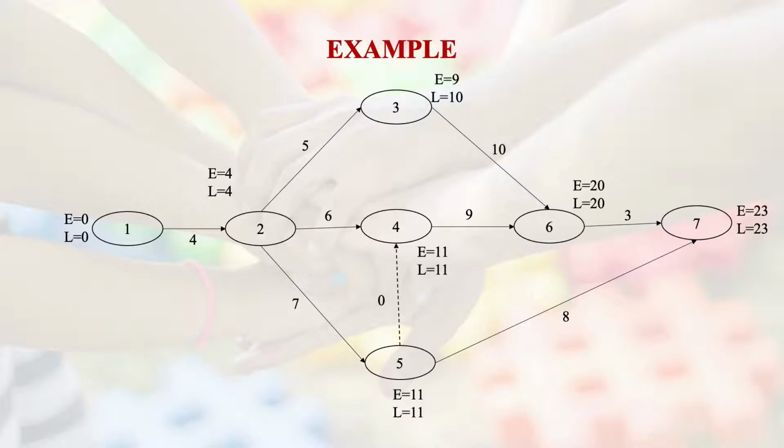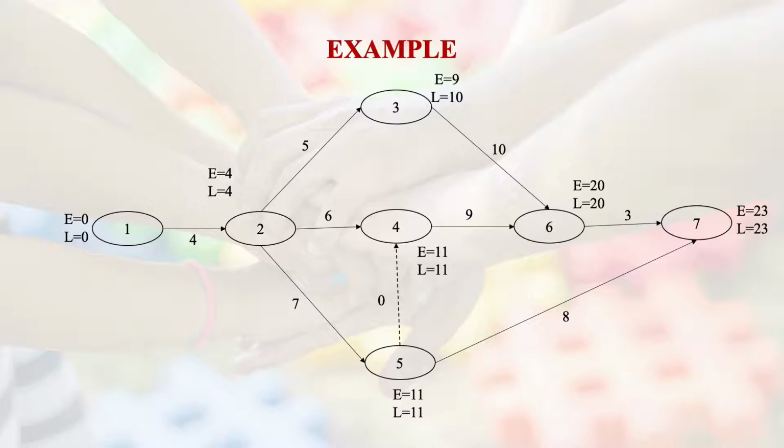The first analysis which we are going to start with is the event node 1, and at that particular event node the value is E equals 0.